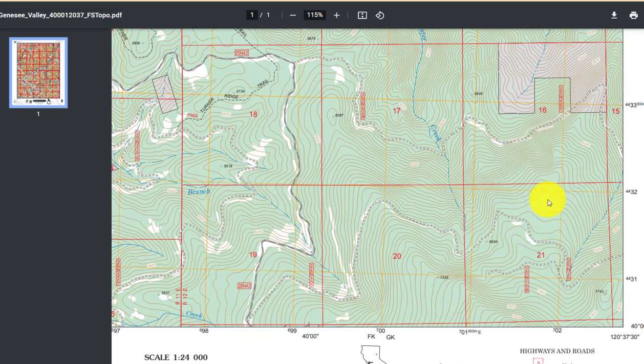Okay, so we've got our township, we've got our range, and now we get a little bit tricky here. So the way that we report more detailed elements for township and range is by sections and quarter sections and quarter quarter sections.